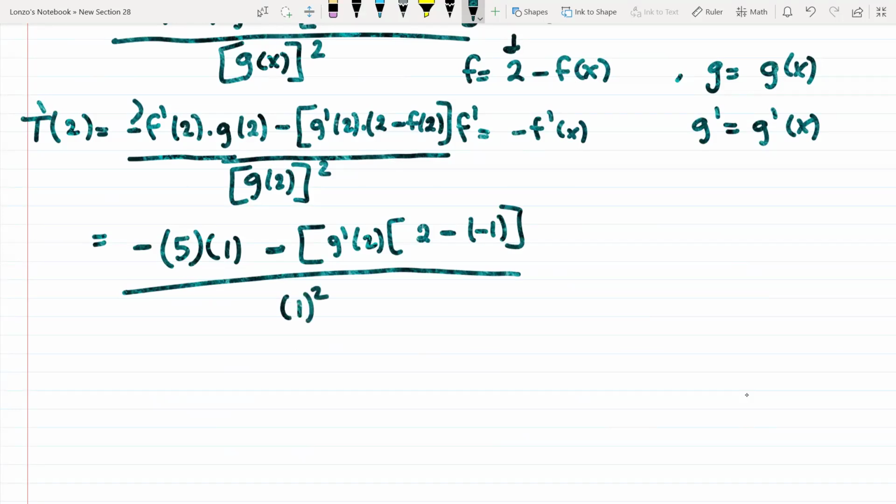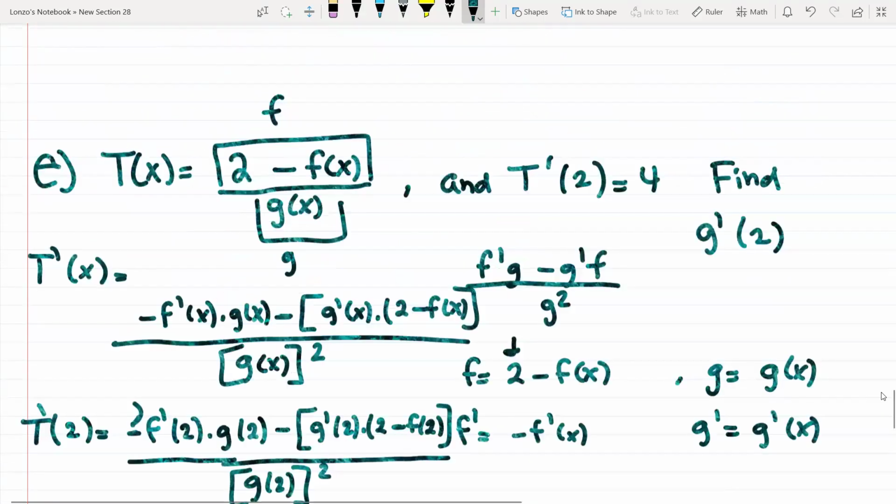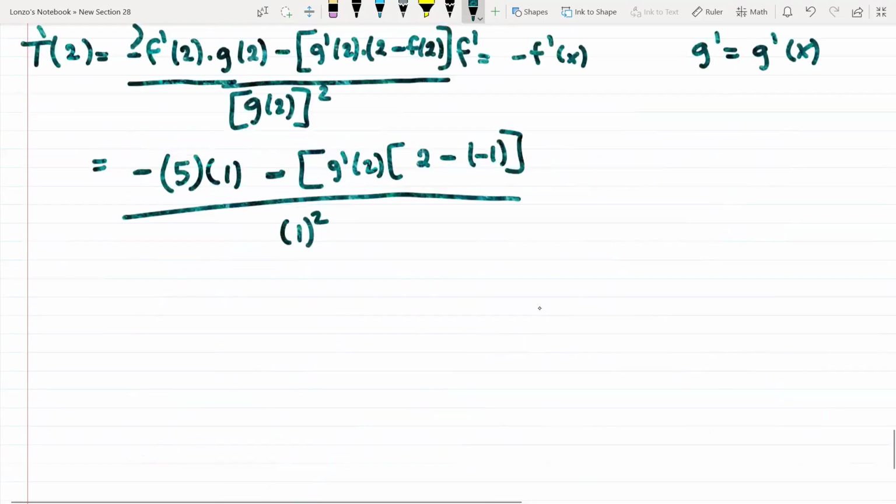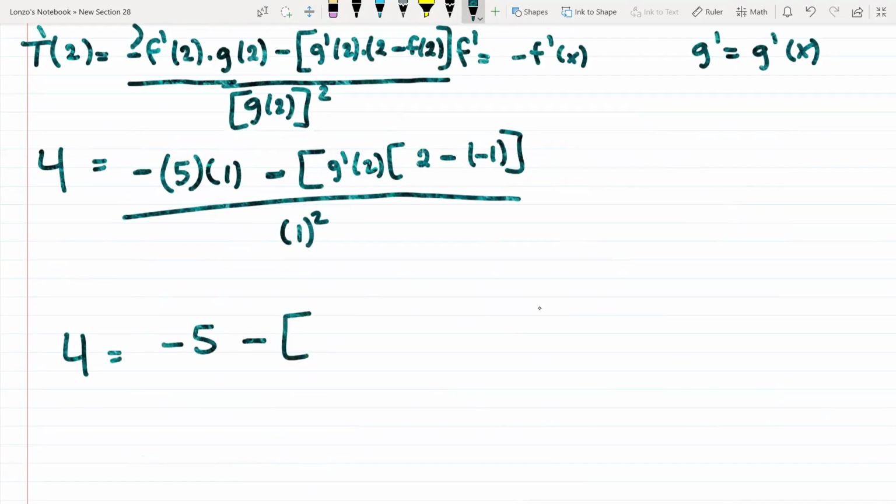And then what we could do is say that t prime of 2 gives you an output of 4, so you can just replace t prime of 2 with 4. Plus 4 equals 5 times 1 is 5 times negative 1 is negative 5 minus, 2 negatives becomes a positive, so that's 3. So that's 3 g prime of 2 all over 1.